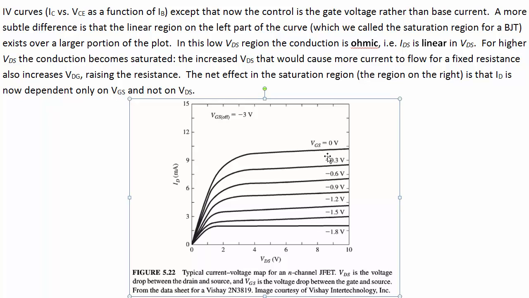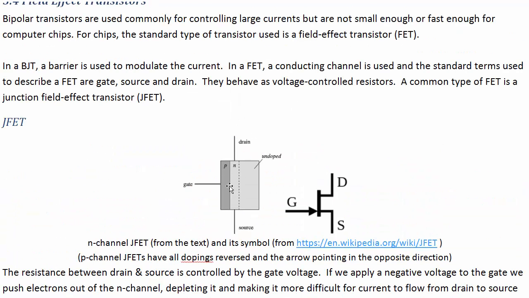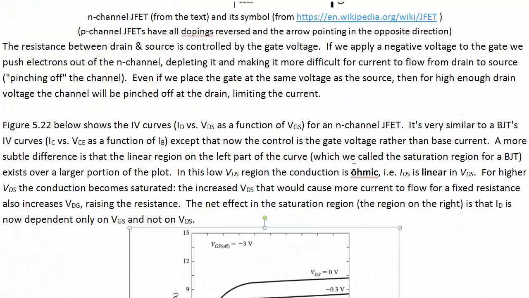The big change, though, is that these curves are now not based on base current, but on the gate-source voltage. So this is a voltage-controlled device rather than a current-controlled device like the BJT was. With no voltage applied at the gate relative to the source, we've got the most current, the least resistance, and as we apply lower and lower voltage at the gate, we cause electrons to get out of this drain-source region and make it more difficult to conduct between them.